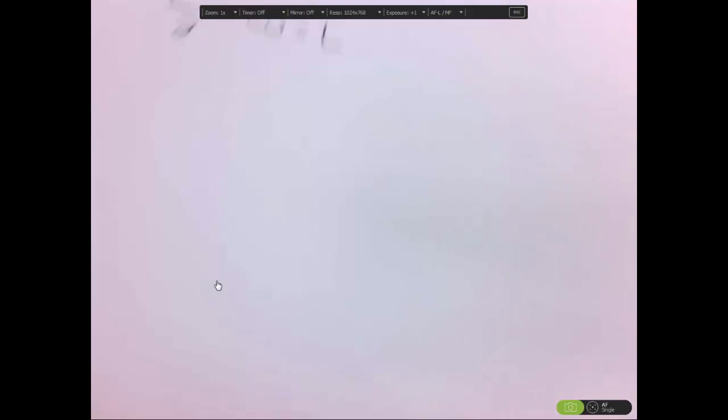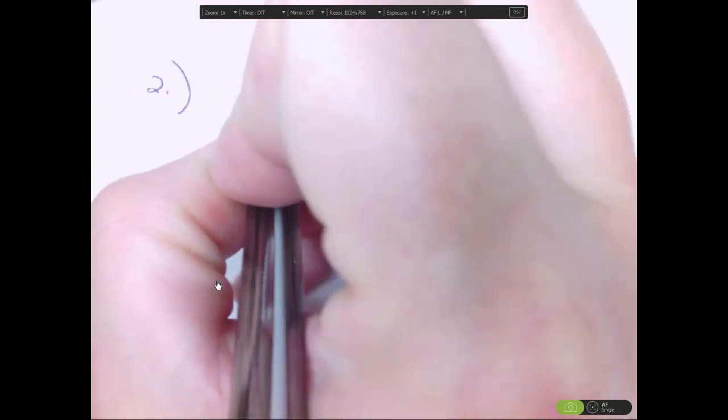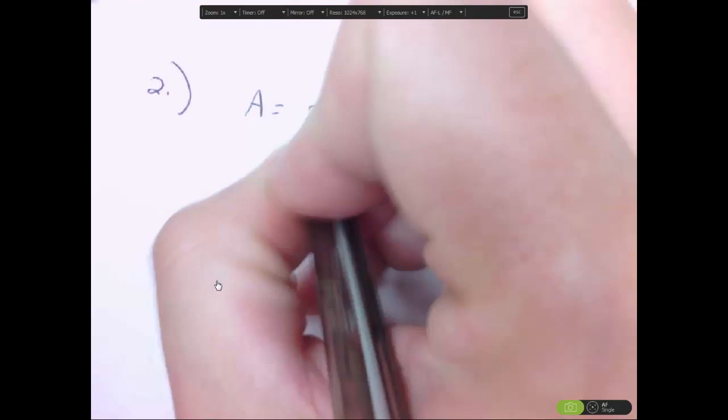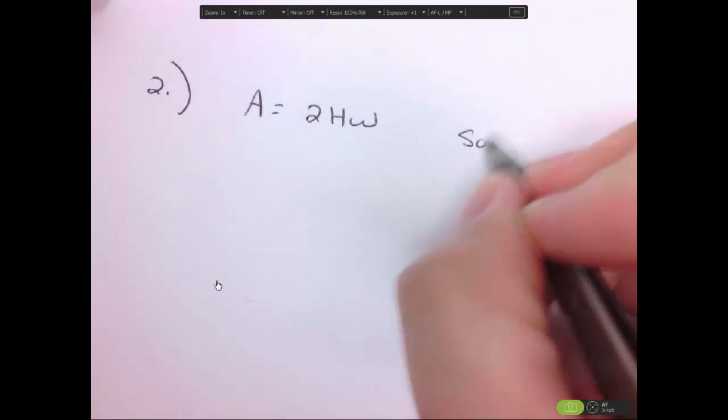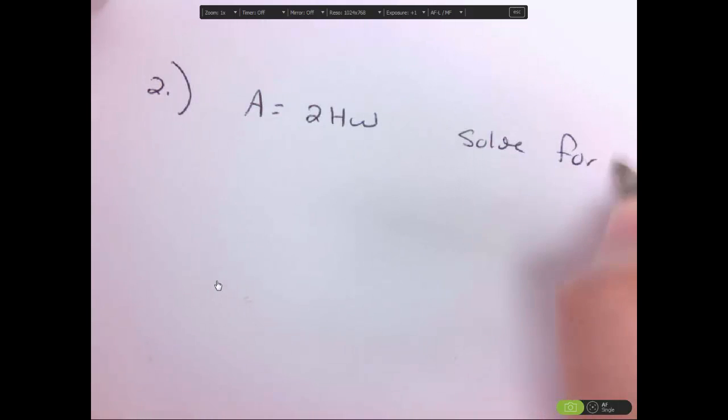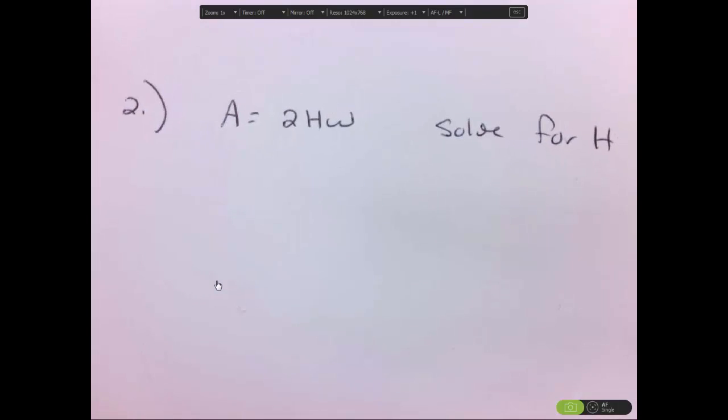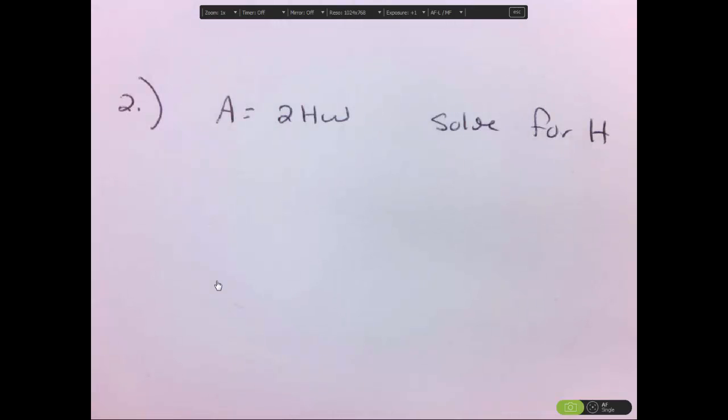Let me move this up and show you another one that gets a little bit harder. This one people make hard, so I definitely want to show it: A equals 2HW, and let's solve for H. The area is supposed to be like a formula, trying to make it look like a real formula.